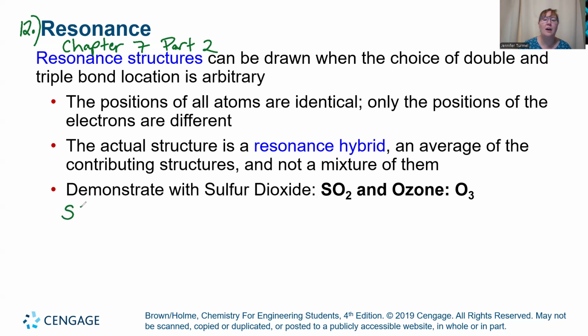Let's start with SO2, sulfur dioxide. Sulfur is right under oxygen, so it has 6 valence electrons, and then we have 2 times our oxygens, so we have 18 valence electrons. Since sulfur is under oxygen, we know it's going to tend to form this structure, so we can start with that.